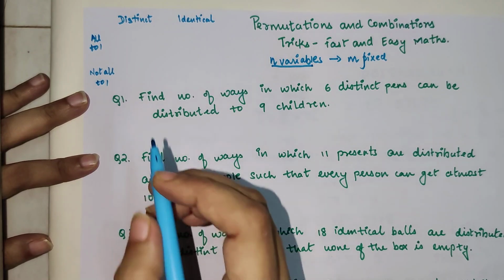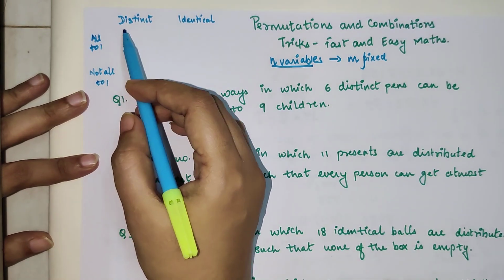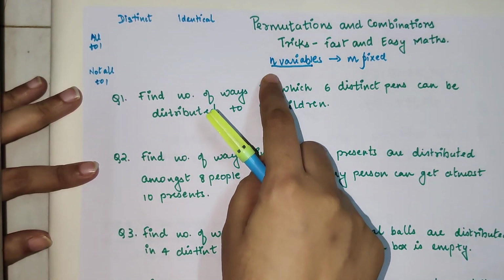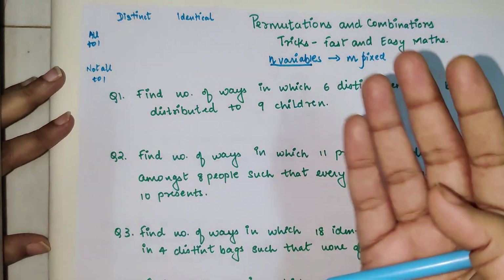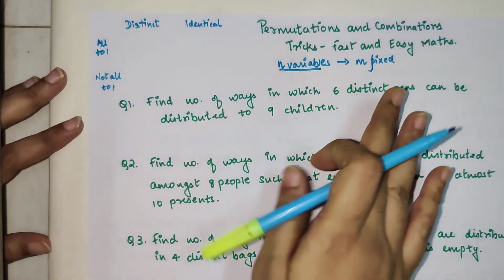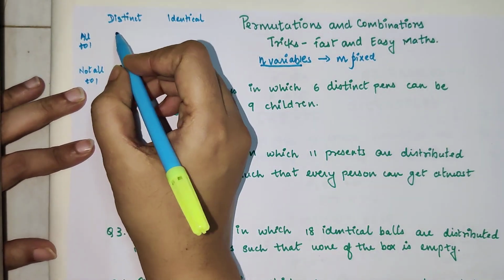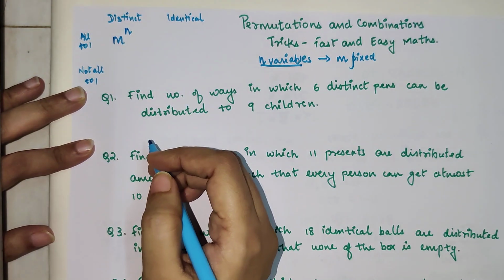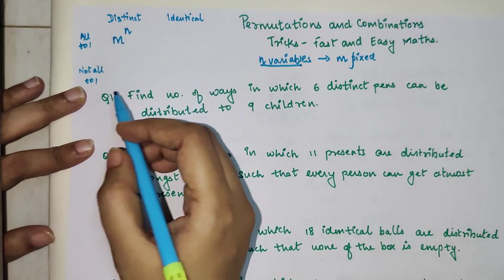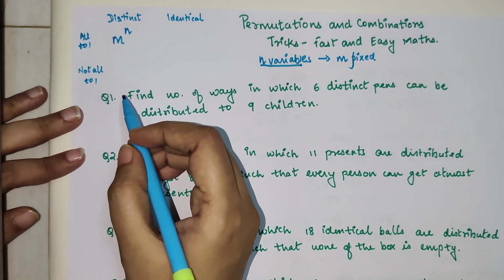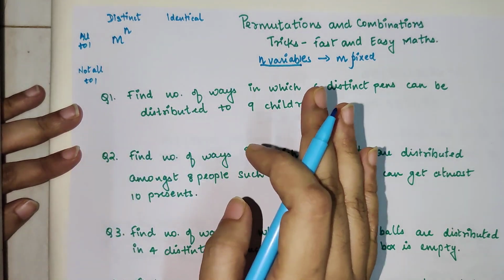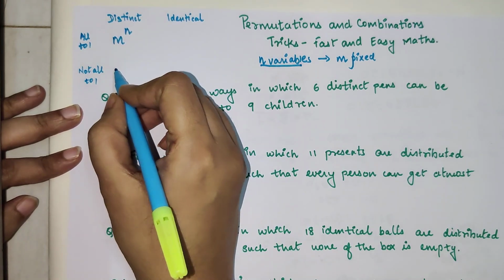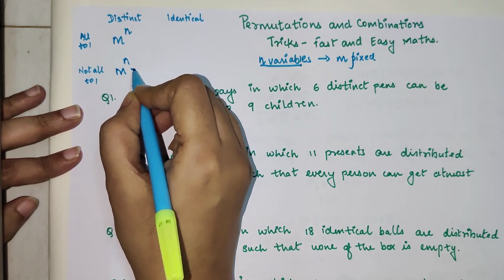If there are n distinct variables and you can give all of them to one person or one fixed thing, then it is nothing but m raised to n. And in case they have specifically mentioned that you cannot give all of the n variables to one single entity, then you just have to do m raised to n minus m.